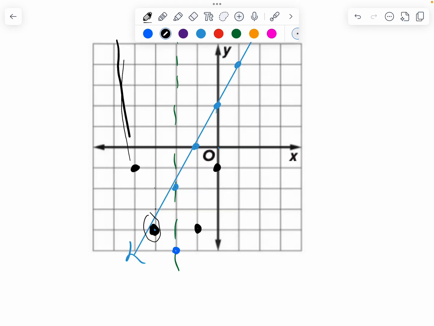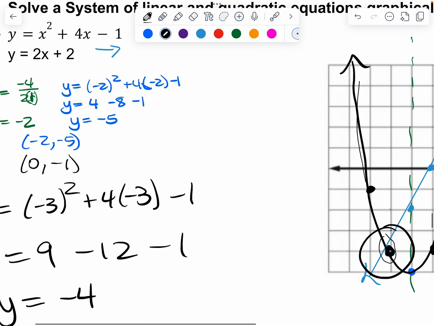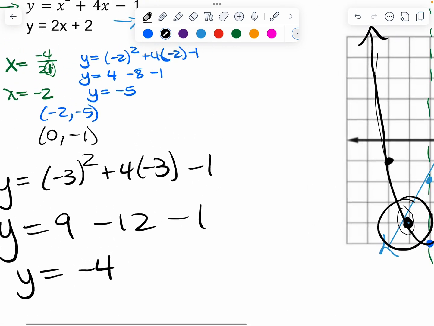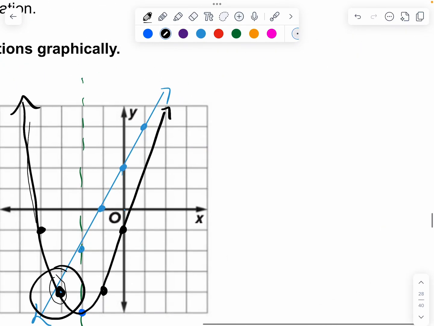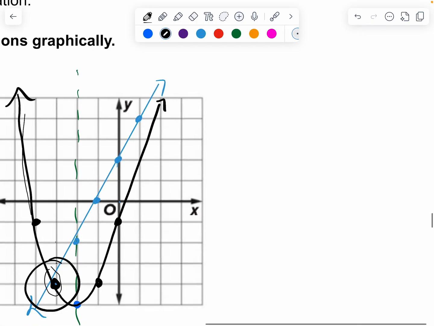So this right here, they run into each other at least at this point right here. So their solution, for at least one of them, is the point negative 3, negative 4. Up above, not sure where they're going to run into each other.